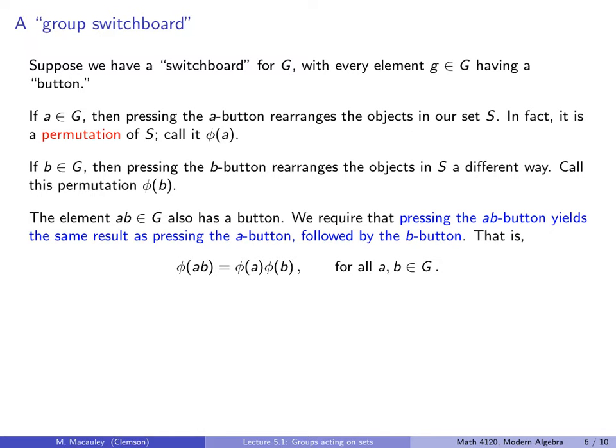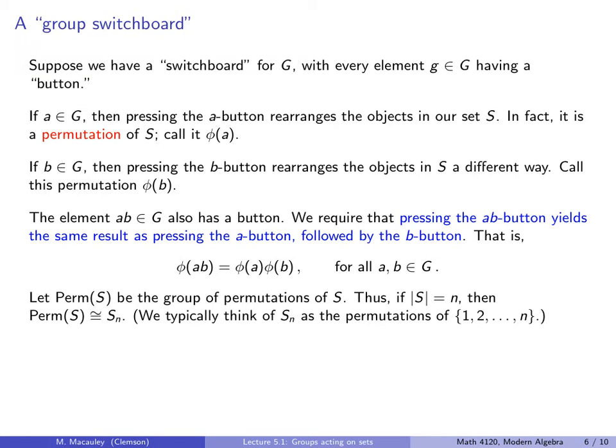In other words, in formal mathematical terms, that means phi of AB, this permutation, is equal to phi of A times phi of B for all elements A and B. Does that look familiar? This property? Yep, that has something to do with the homomorphism, and we'll figure out exactly what.